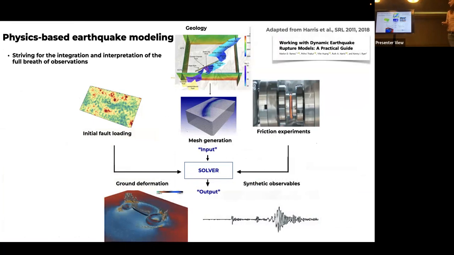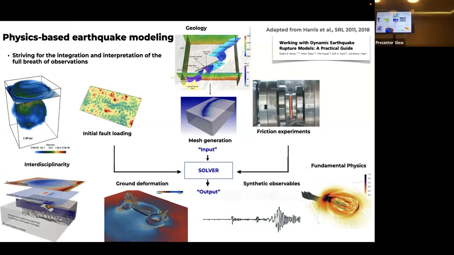We put that in a computational mesh, we solve, we get synthetics that can be ground deformation or synthetic seismograms, and we can tackle really different applications with that. We can highlight what happens in terms of fundamental physics, but we can also bridge scales and make these kinds of data fully interacting in this interdisciplinary sense.